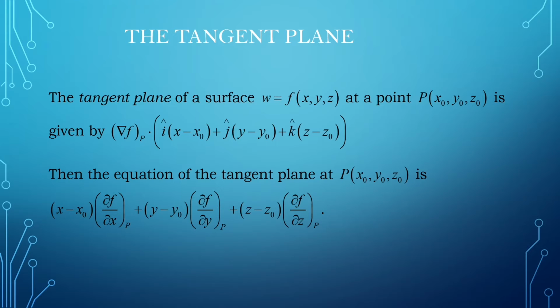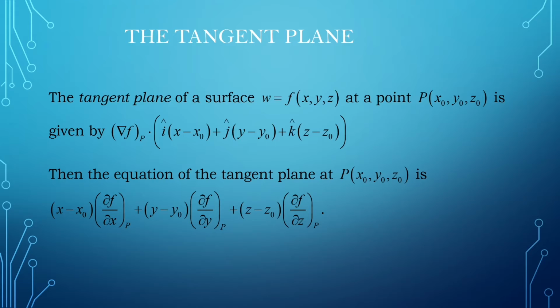To find the tangent plane of the given surface at the point P(x0, y0, z0), we need to find the dot product between del f and (x minus x0) i cap plus (y minus y0) j cap plus (z minus z0) k cap.